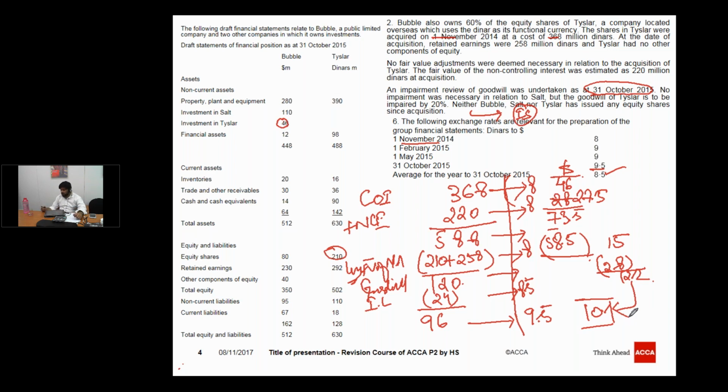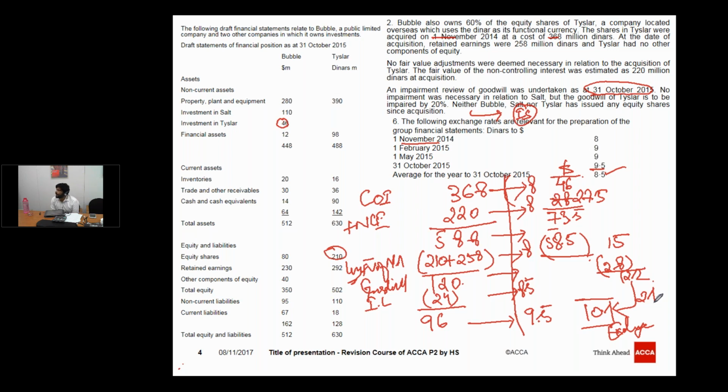So from 12.2 to 10.1, there is a further exchange loss because of the change in the rates, and the amount of this is 2.1. So 2.1 is the exchange difference in the valuation of the goodwill. When we retranslate the goodwill from the acquisition date rate to the reporting date rate, there is a difference of 2.1, which should be shown as an exchange loss in equity.